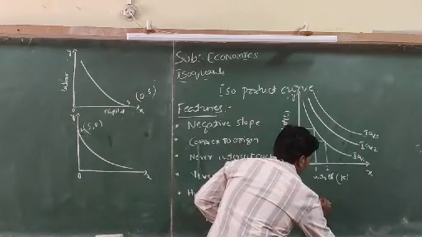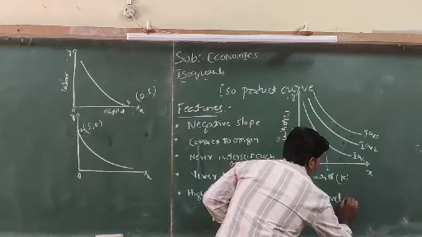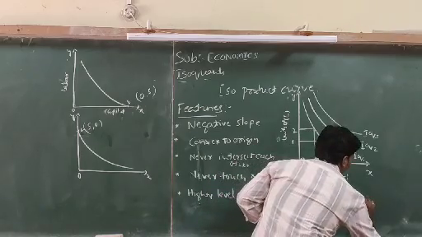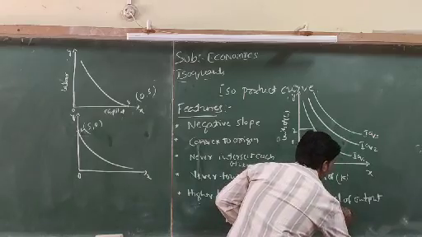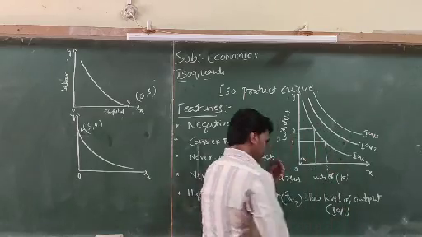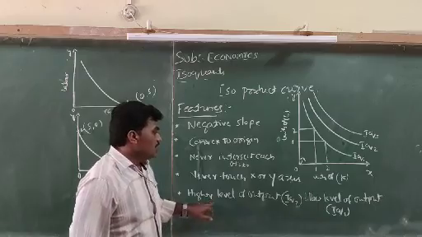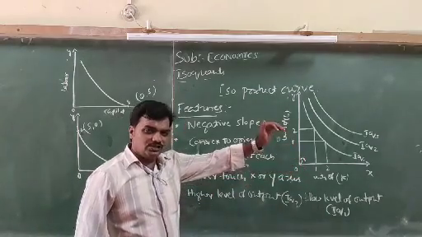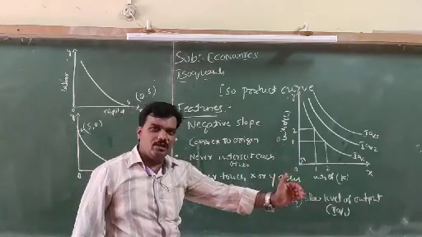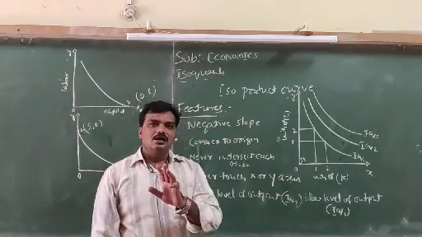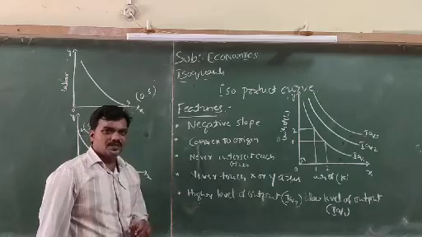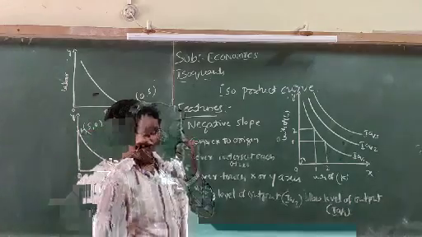That means the higher isoquant represents a higher level of output, and the lower isoquant represents a lower level of output. These are the features of the isoquant.